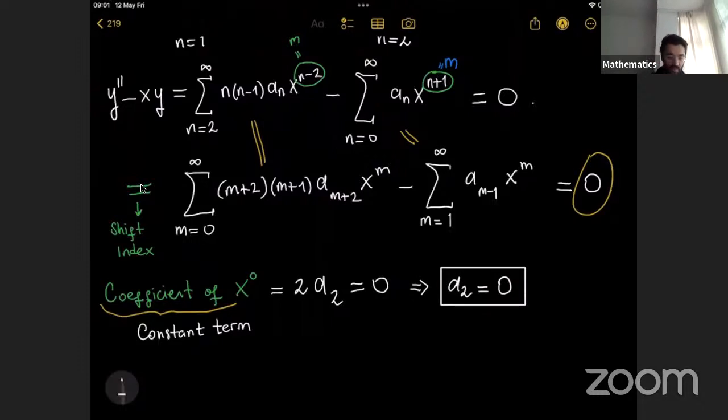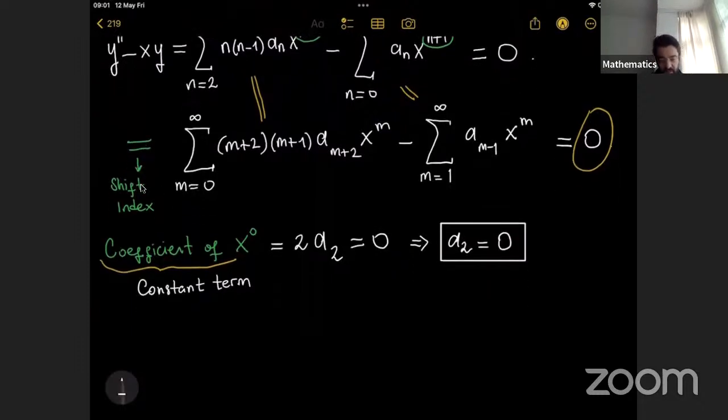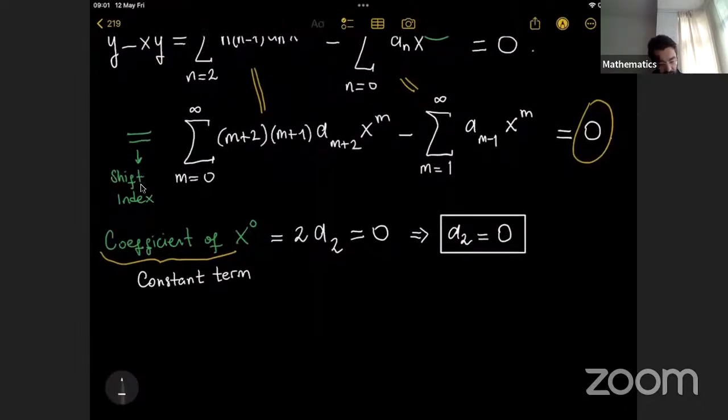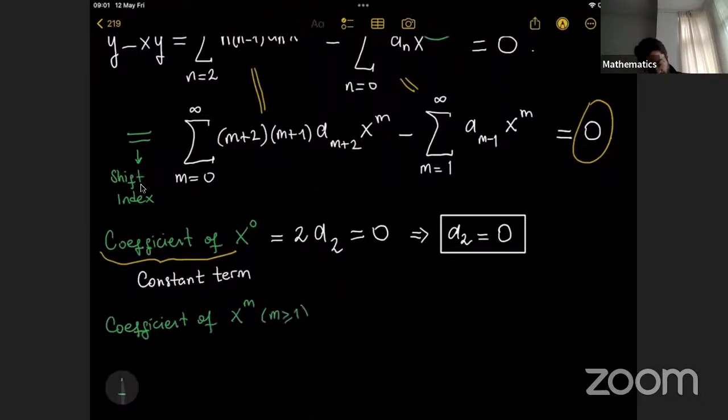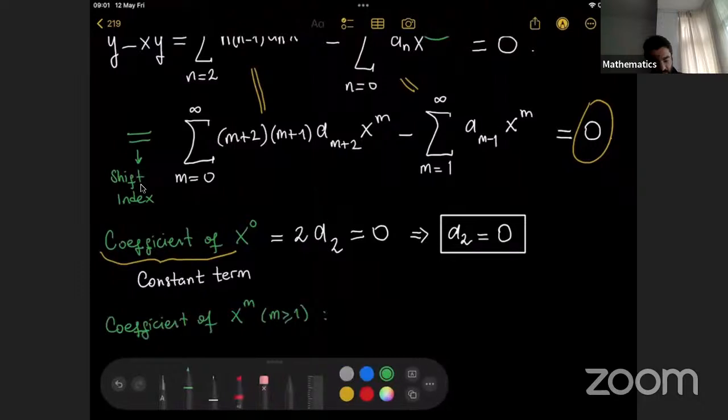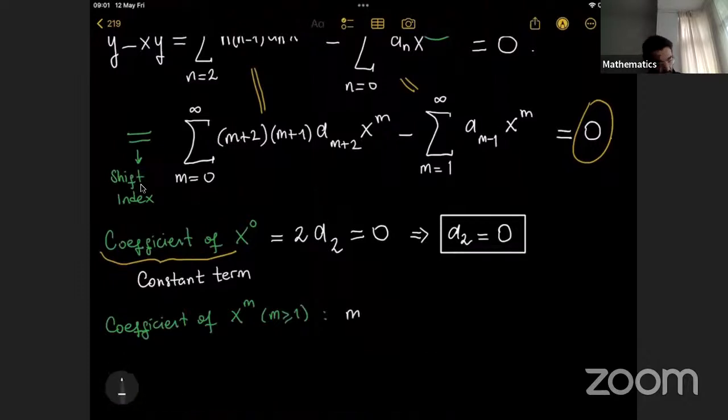Peki. Now we will continue with other coefficients. So the coefficient of x to the m, when m is bigger than or equal to 1. Let's see what we get in that case. On the left-hand side, in the first sum, we have m plus 2 times m plus 1 times a m plus 2.